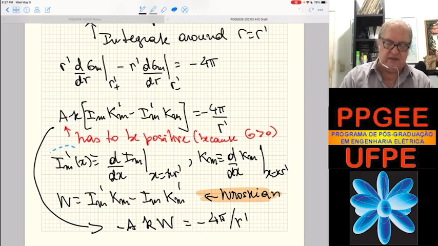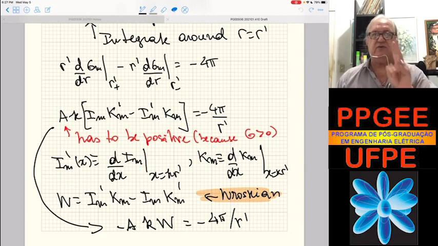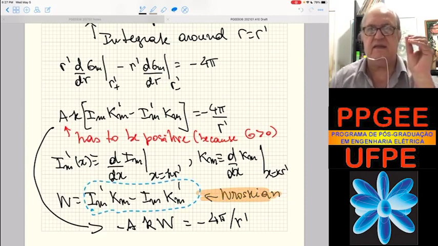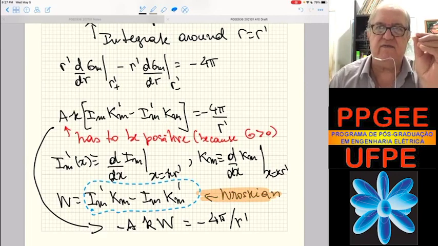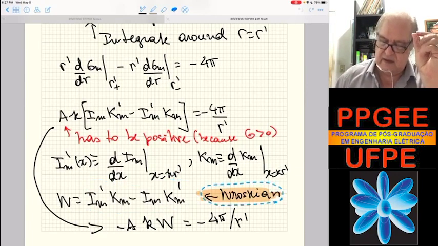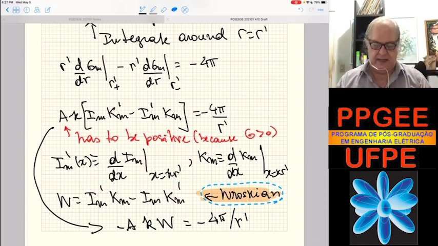Those derivatives are those things here. And in fact, what we have is two independent solutions, and we have the C here, which is called, in the Sturm-Liouville theory of differential equations, the Wronskian of the differential equation.